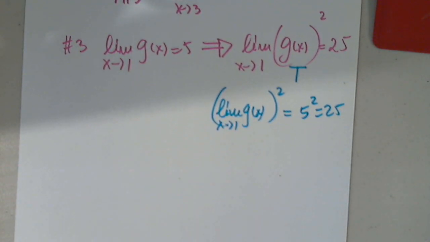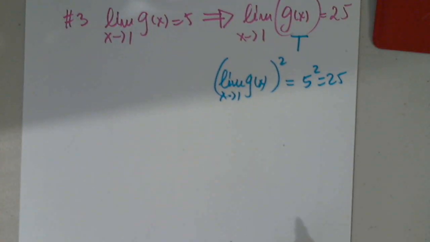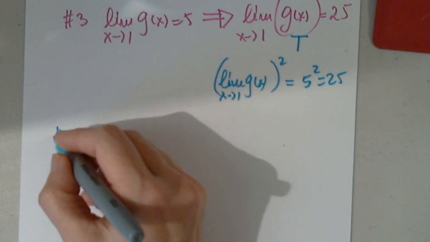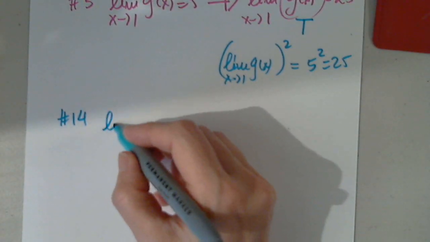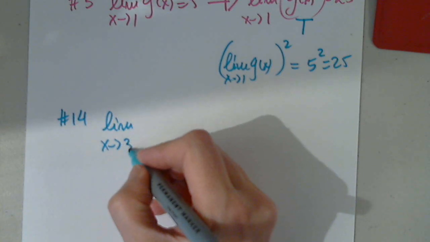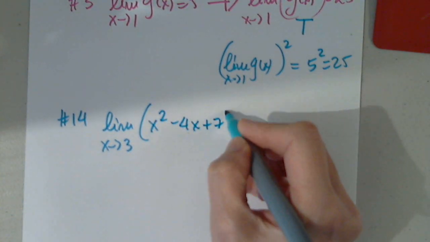Okay, so let's look at other types of problems, not with continuity just yet. We're given some polynomials and rational functions. So let's look at problem 14. Let me know if you want to choose. This is the limit as x approaches 3 from either side of x squared minus 4x plus 7.